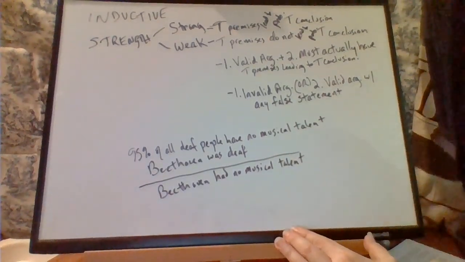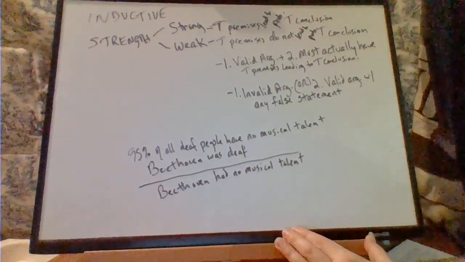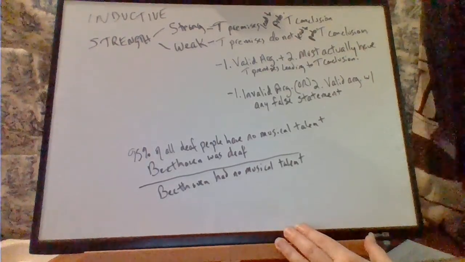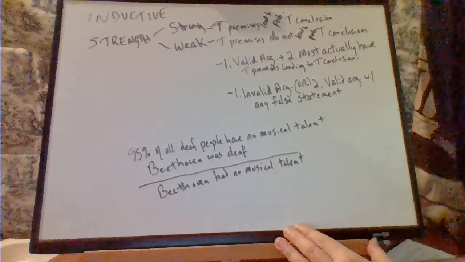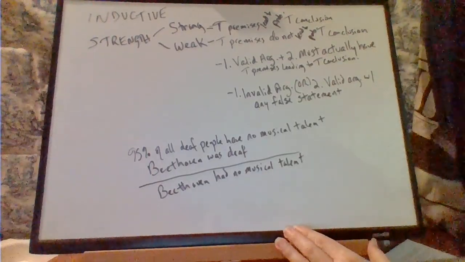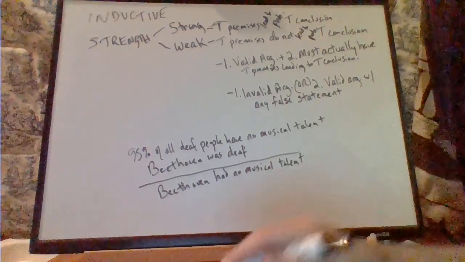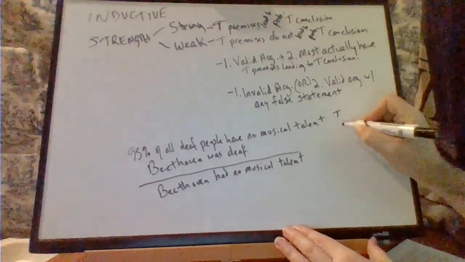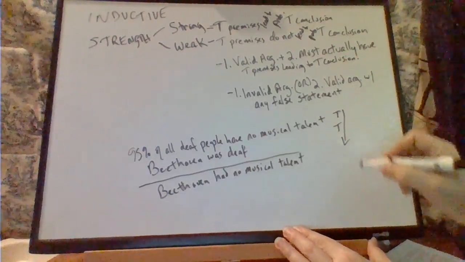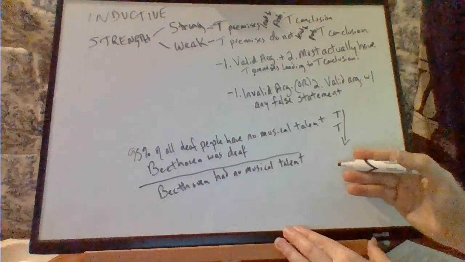Okay, so here's an example of an inductive argument. 95% of all deaf people have no musical talent. Beethoven was deaf, therefore Beethoven had no musical talent. Well, again, forgetting what you know or don't know about music, we simply start by assuming the premises are true, whether they are or not, and asking ourselves whether or not it seems likely the conclusion follows from it.